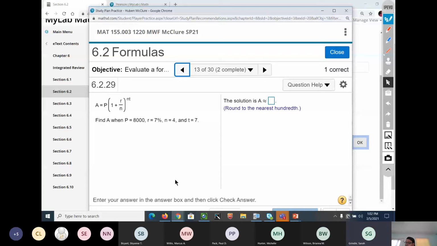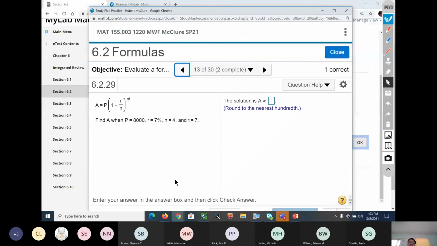The N is the number of times the bank calculates the interest. So if it says quarterly, N is equal to 4, that means at the end of every 3 months, the big computer in the bank calculates the interest on your account.